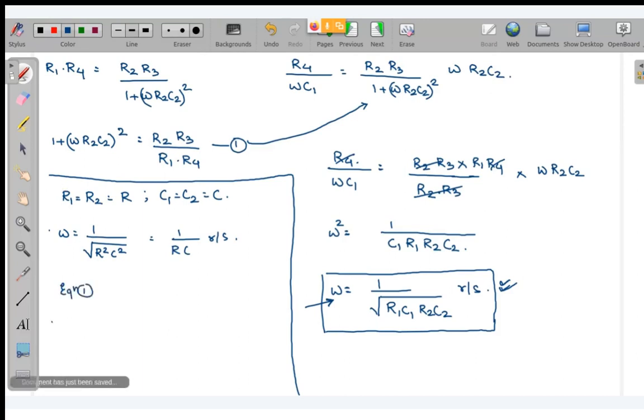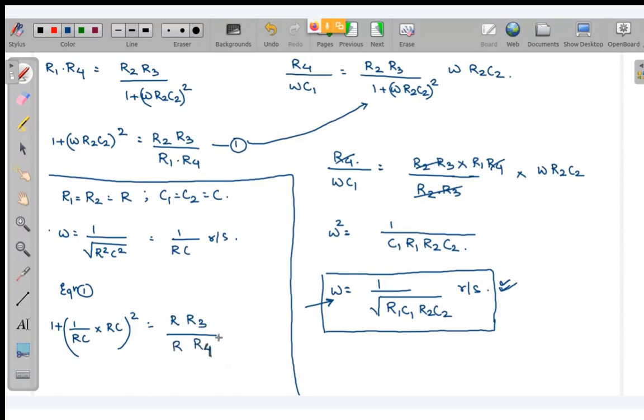So what will happen? 1 plus omega value is 1 by RC, into R2 value is R, C2 value is C. So this is also RC whole square, is equal to R2 R3. So R2 is R. Let this be R3, and R1 value is also R. This is R4.